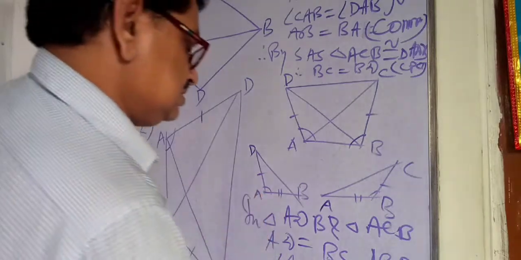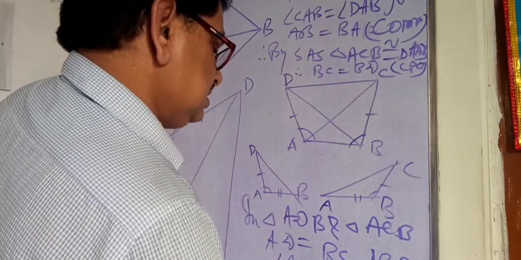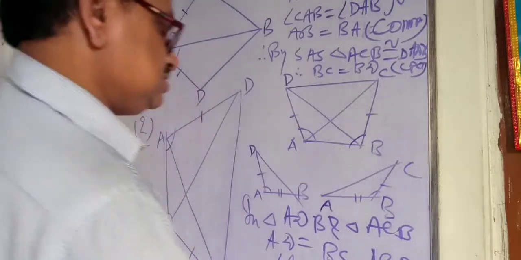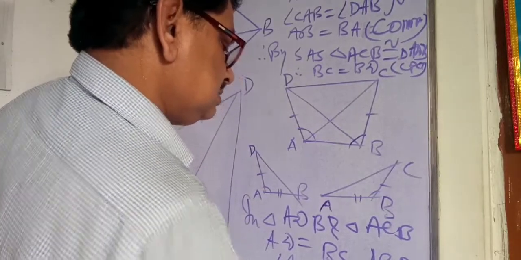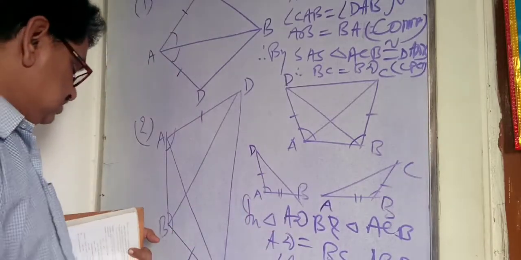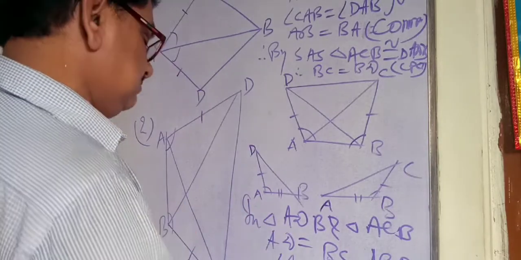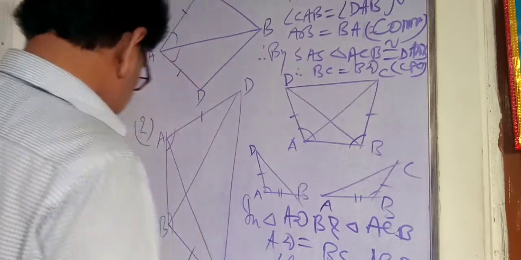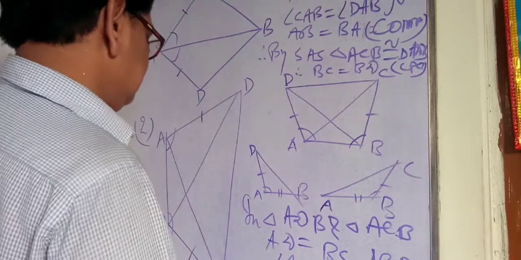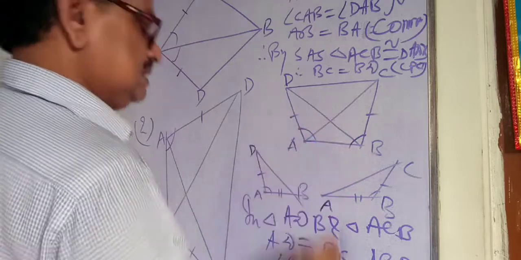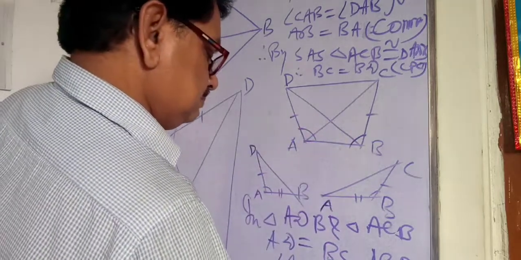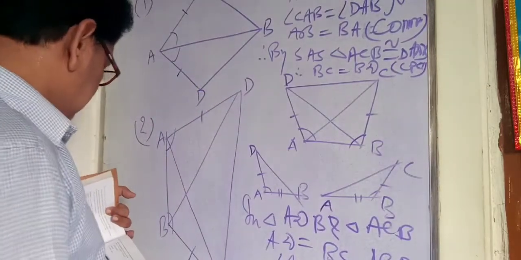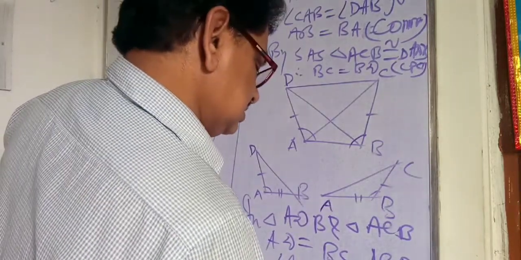ABD and BAC, ABD and BAC both are congruent, and consequently ABD will be equal. Therefore BD equal to AC, and angle ABD will be equal to angle BAC.